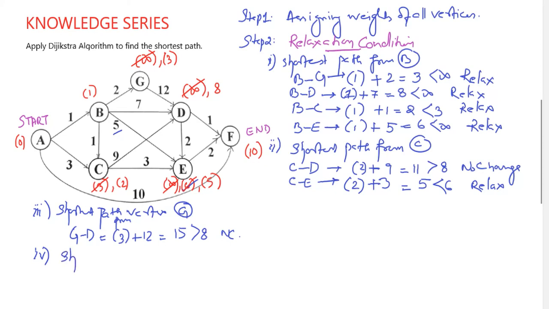So the next shortest path vertex is E. From E, only one link goes out, E to F. E has 5, and 5 plus 2 is 7, which is less than 10.